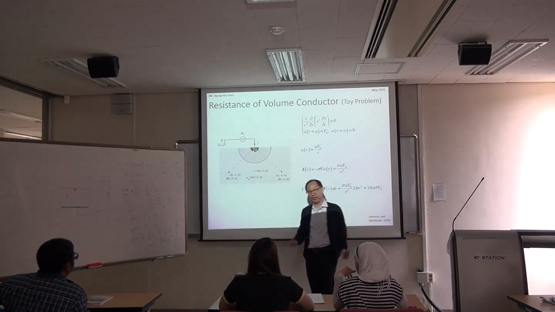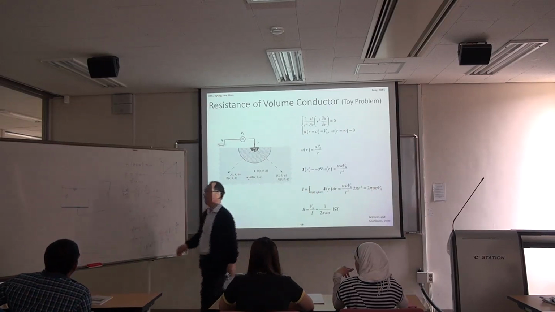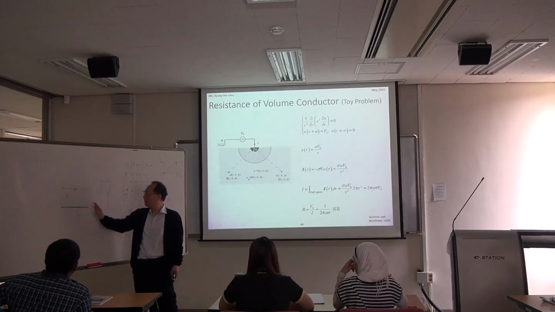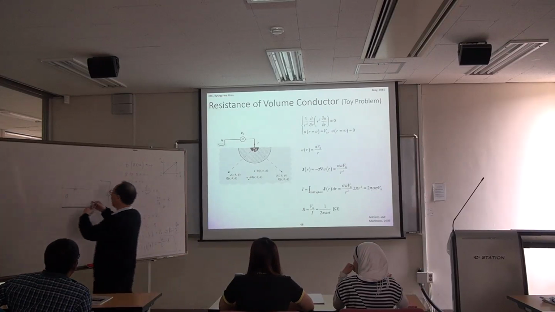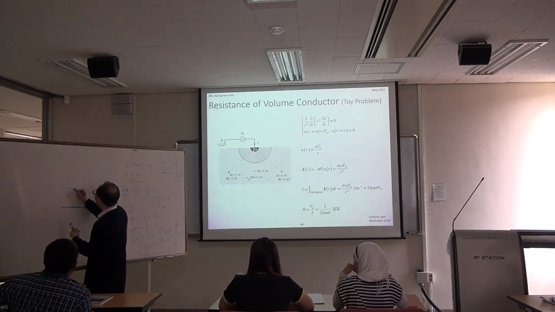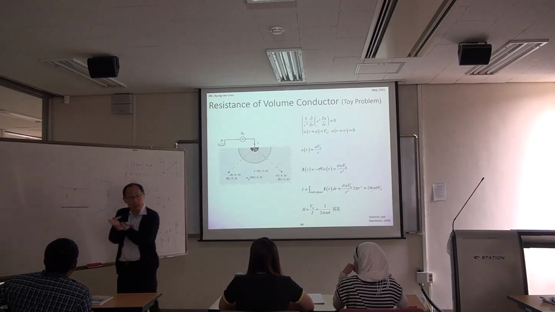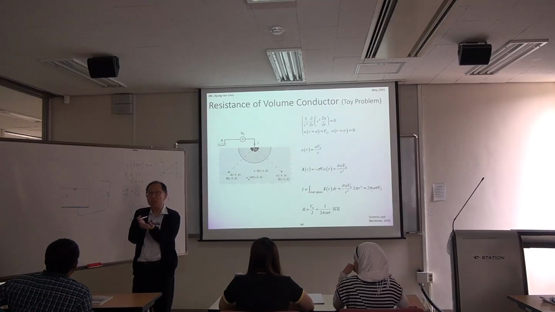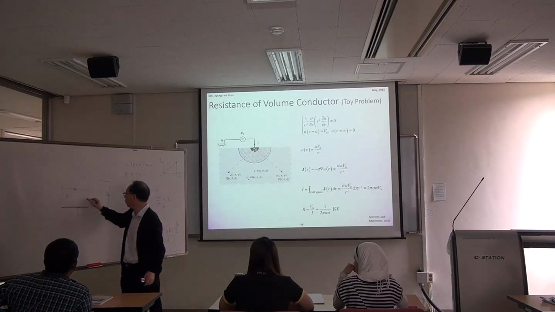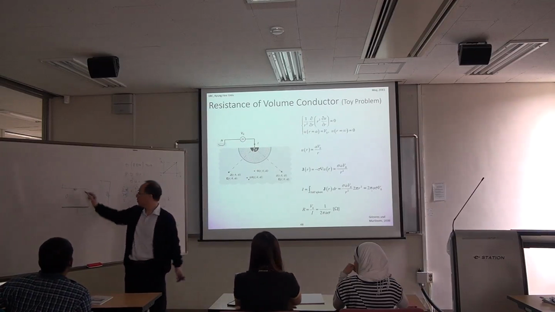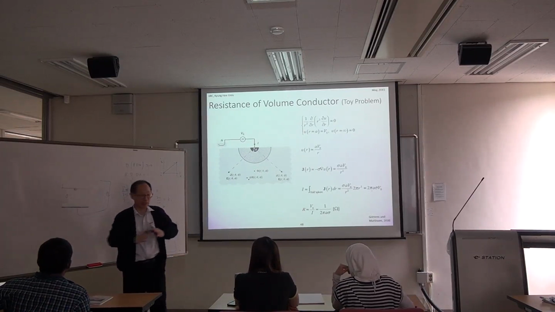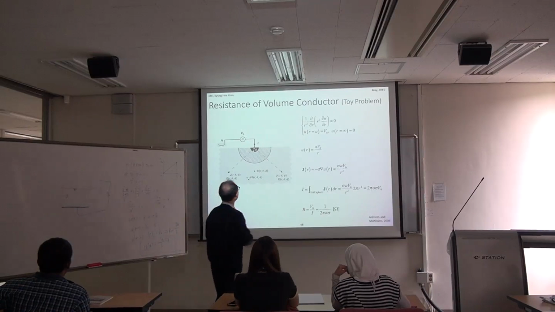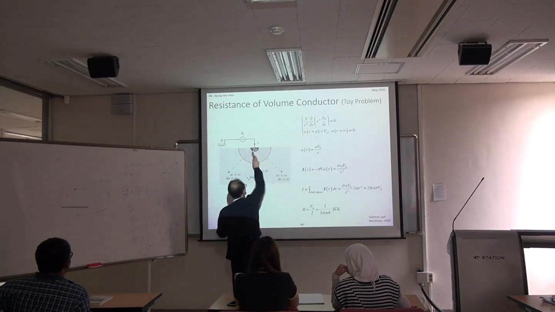We'll ignore the effect of contact impedance for this simple problem. So this is the setting here. We are assuming that A, the radius of the semi-sphere, is very small compared to the diameter of this container. So this space is very large compared with the diameter of the sphere.